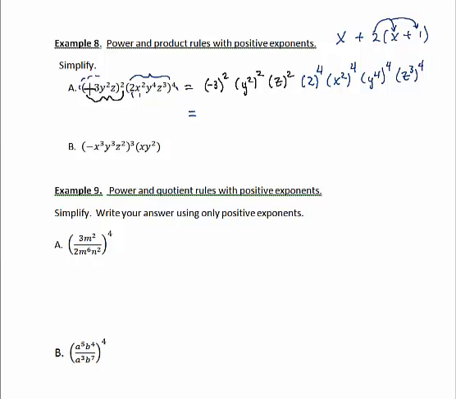From the first set of parentheses we had the negative 3, there it is. We had the y squared, and there it is. We had the z, and it's here. So in the second set we've used the 2, the x squared, the y to the fourth, and the z to the third, and each one has a 4 applied to it.